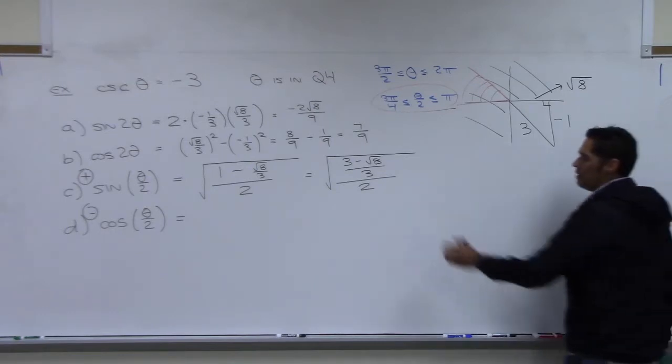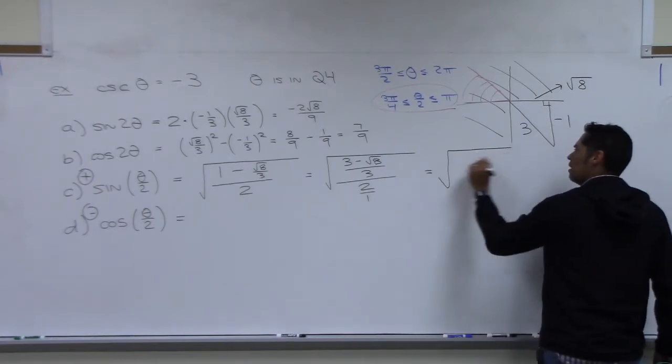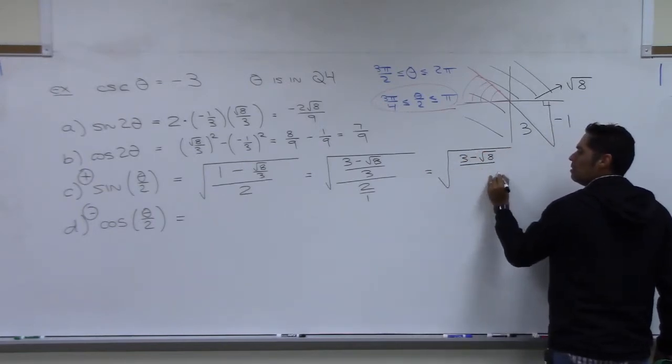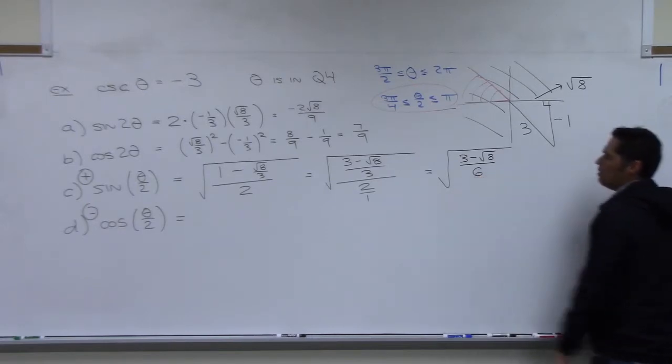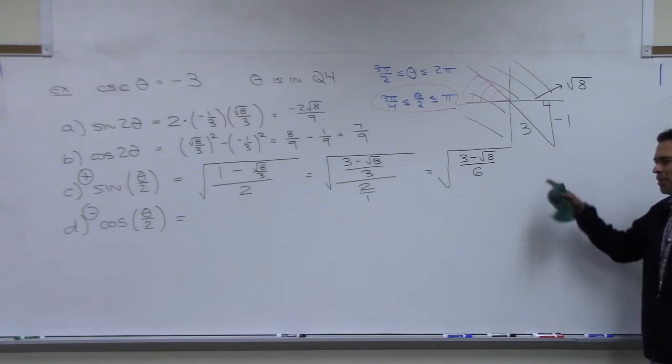Then I can look at this as 2 over 1 and flip, so I get the square root of 3 minus root 8 over 6. That's probably about as good as it's going to get. I've seen worse. It's a root with a root in it.